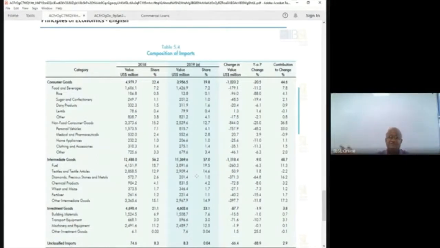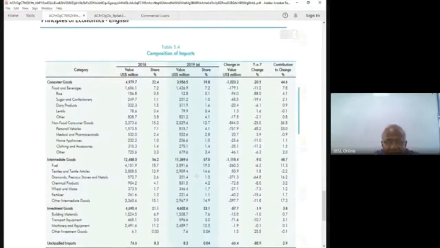But one can say, look at your imports. Out of that 5 billion, around 3 billion is imported input, so money is going out of the country. 5.5 billion coming in, 3 billion going out. Still, even on export earnings, a considerable amount of money goes out as inputs in the intermediate goods.